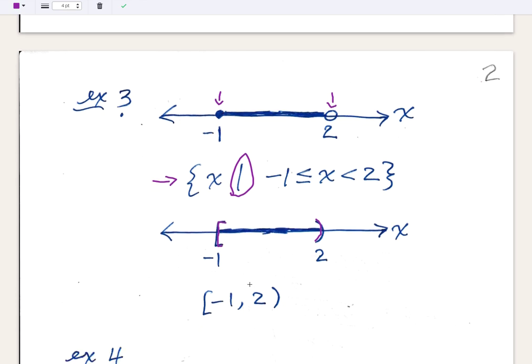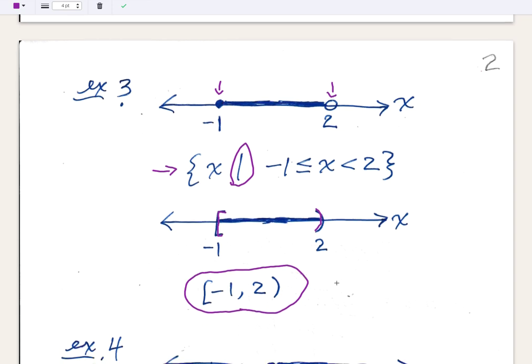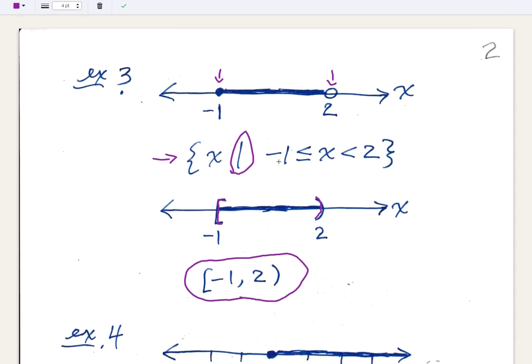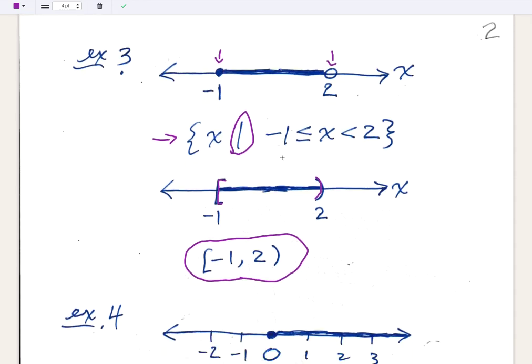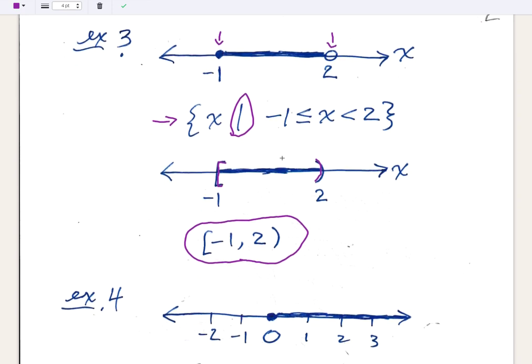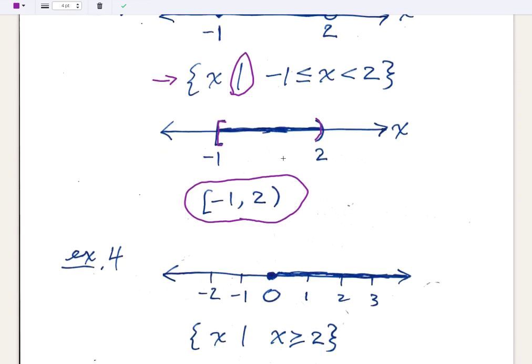So this would be the interval notation, which you can see is closely related to this. It would be square bracket, -1, 2, parenthesis. So this means exactly this set here. The interval notation, you can see, is kind of compact and convenient compared to the set builder notation.